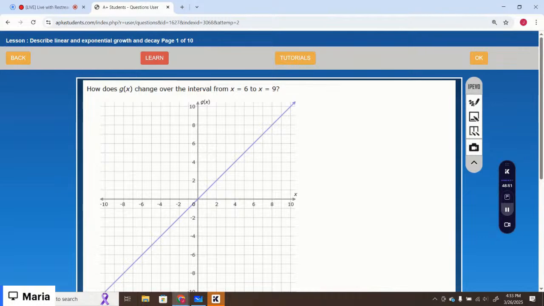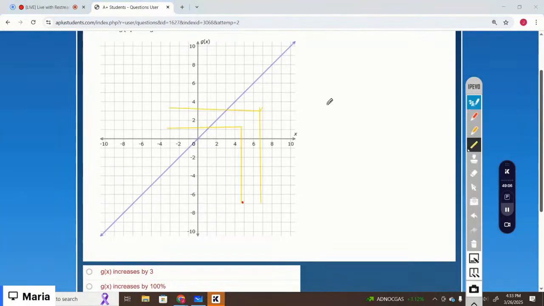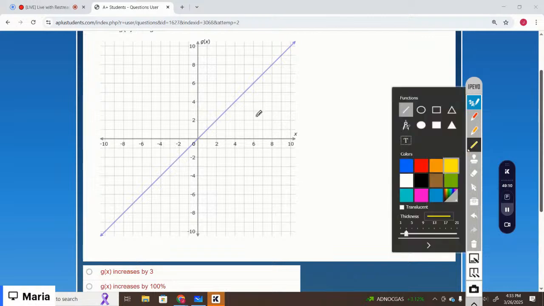How does g of x change over the interval from x equals 6 to x equals 9?